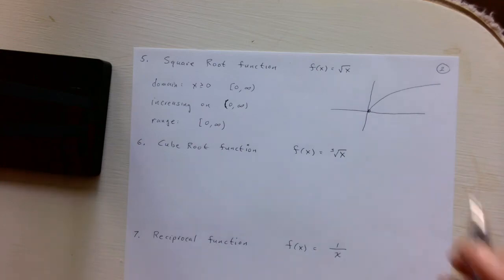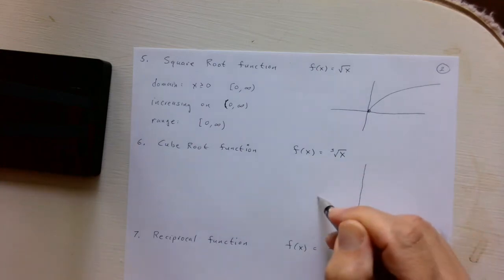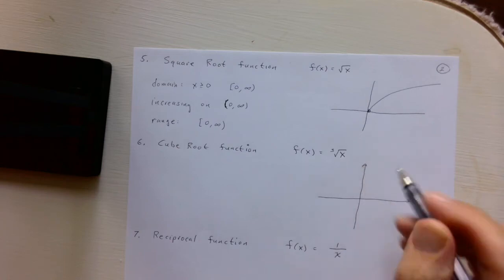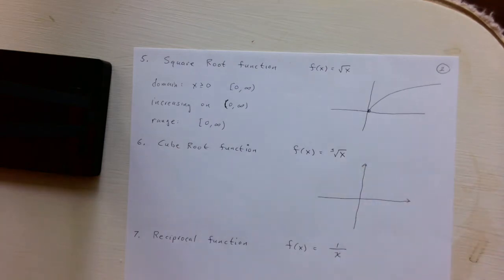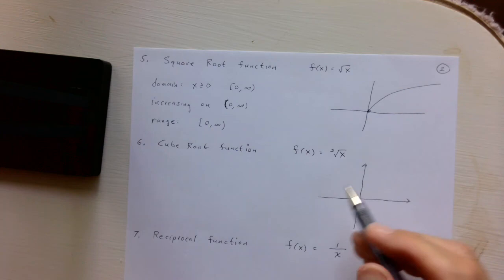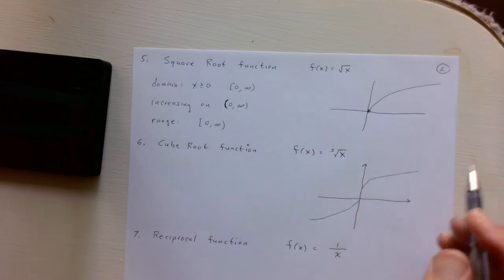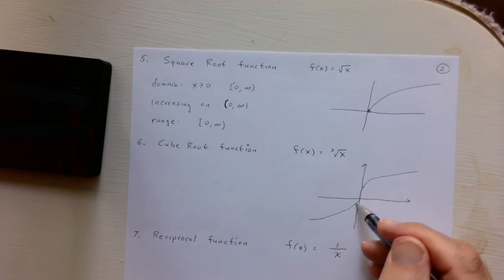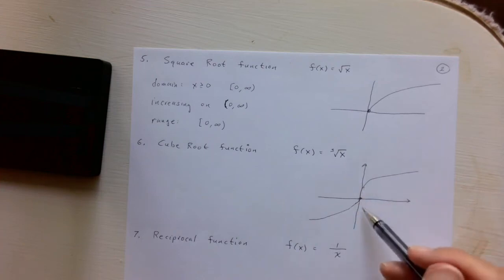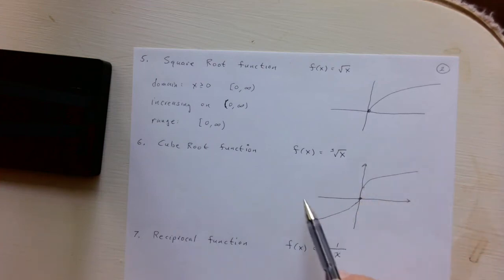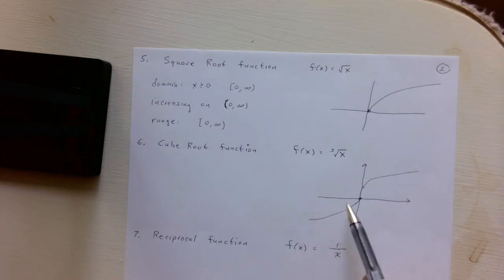The cube root function is kind of similar to the cube function, but in a way it's different. The important thing is that both those functions go through the origin, but when the cube root graph goes through the origin, it's almost like a vertical line at the origin.